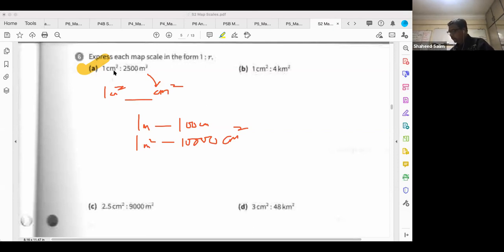Yeah, square. She has written that. Okay, so you change to this form first, you change to this form first.